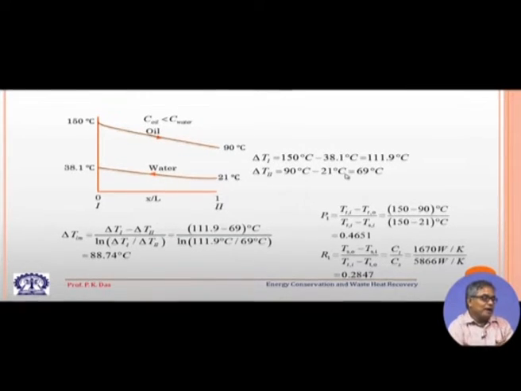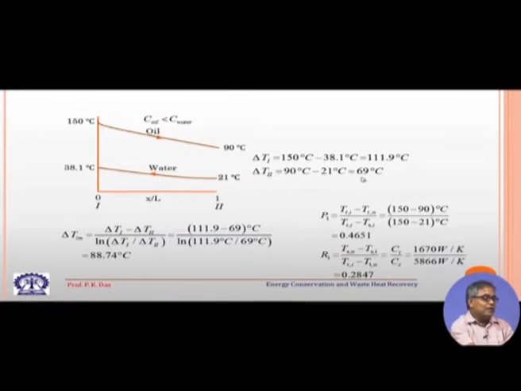Suppose we assume some sort of a counter current type of arrangement, then we can take this as our delta T 1. Similarly, for delta T 2 we can take 91 degree Celsius minus 21 degree Celsius. This is the outlet temperature of oil, this is the inlet temperature of water. So, delta T 1 and delta T 2 we have got. We are assuming that it is in the counter current flow arrangement.